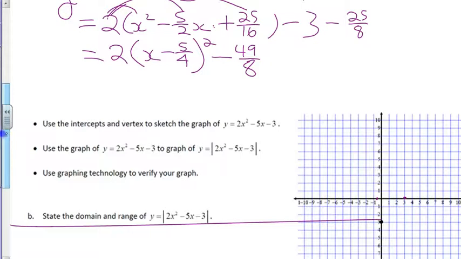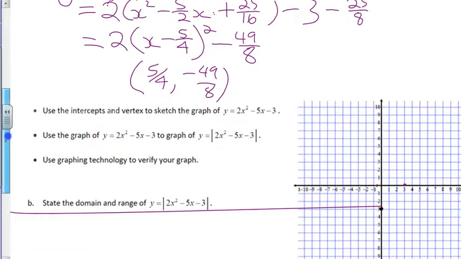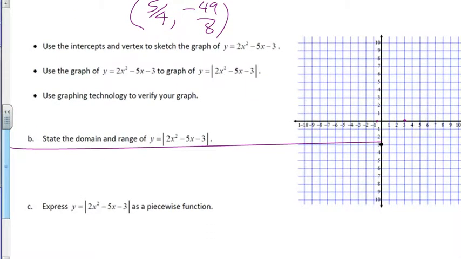So where is that? 5/4 and -49/8. Okay, so 5/4 is like the unerasable line. 5/4, negative, so about down there. I could find that anyways, because it's halfway between the x-intercepts.